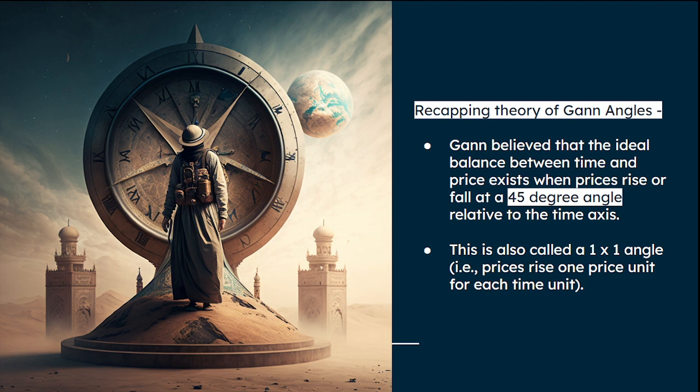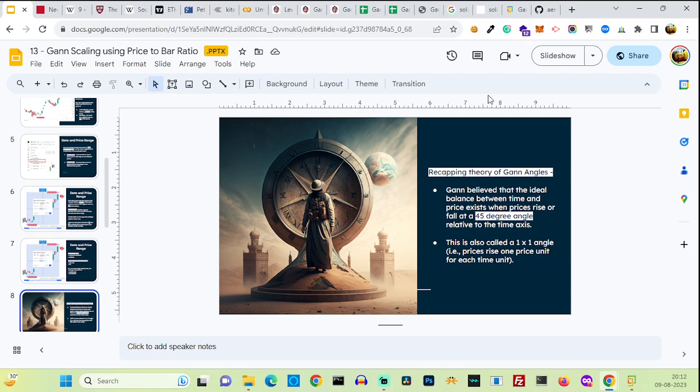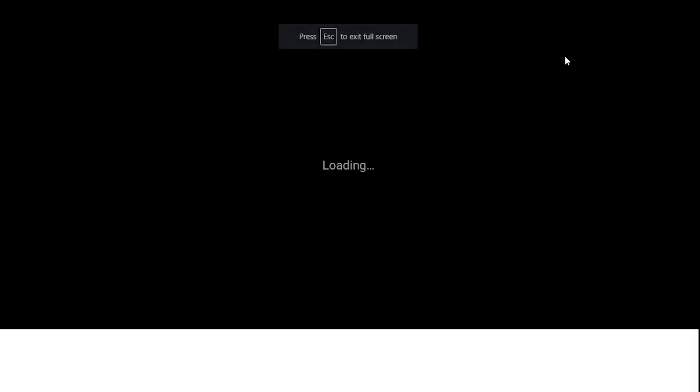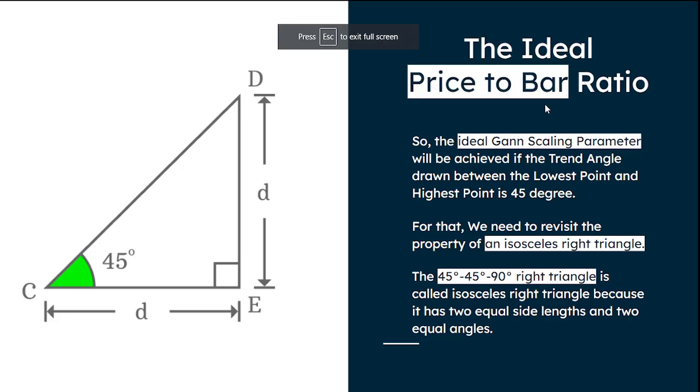So it means that each one day it will be called perfect if it falls by a 45-degree angle. Now the ideal price to bar ratio is, so the ideal Gann scaling parameter will be achieved if the trend angle drawn between the lowest point and the highest point is 45-degree, right?